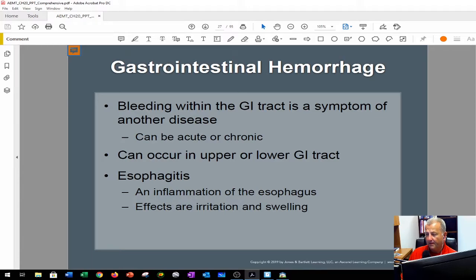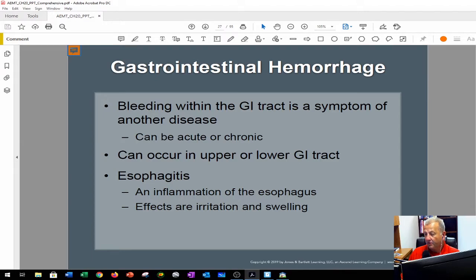Okay, and so with an upper GI bleed, we could be looking at esophagitis, a big one I talked about earlier, and esophageal varices, right? So those are two. They use a definition here, hematemesis, that means vomiting blood, and that's frequently seen in patients with upper GI bleeds.